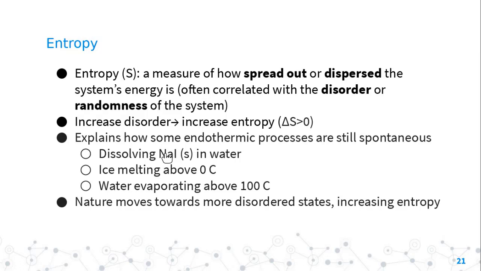That's spontaneous, and that's due to the increase in entropy that we see. Additionally, ice melting above 0 degrees Celsius and water evaporating above 100 degrees Celsius are also examples of endothermic processes that are spontaneous because of the entropy component, helping to increase the disorder or randomness that outweighs the endothermic nature, since you need to add heat to melt ice or add heat to evaporate water.